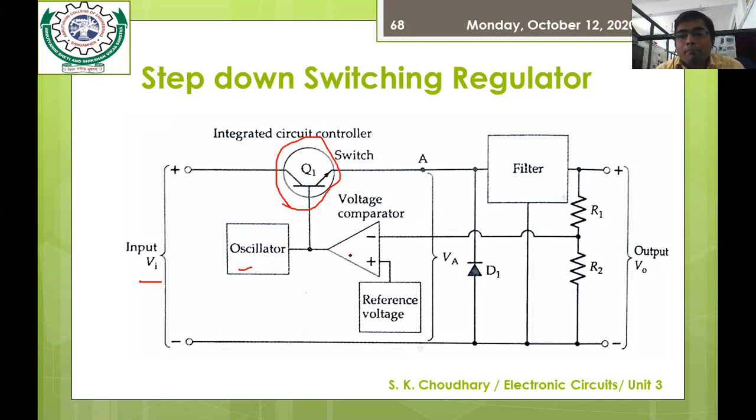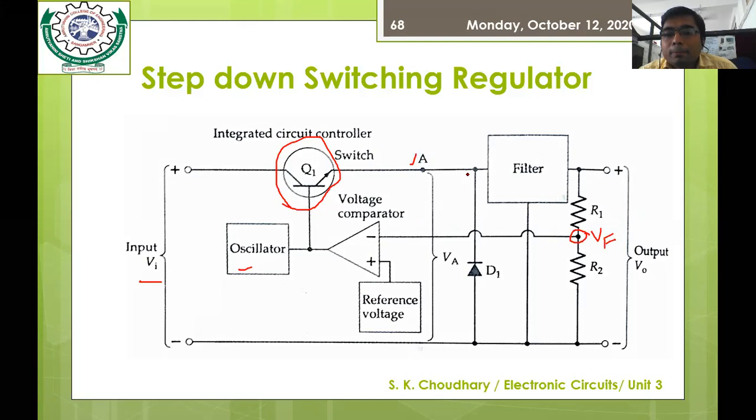It is an op-amp. One terminal, the non-inverting terminal, has the reference voltage, and the inverting terminal receives the feedback voltage VF, coming out from the network R1 in series with R2. Then the switching output voltage is considered as VA, at terminal A shown here.